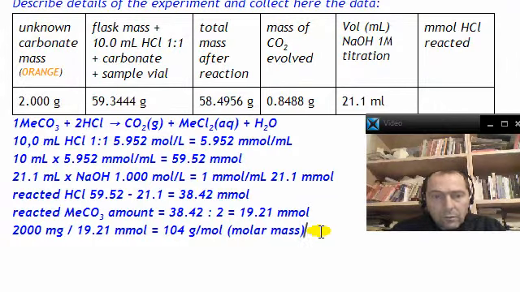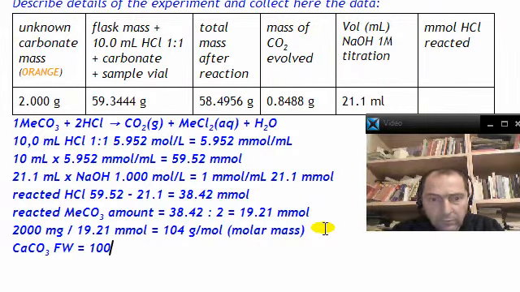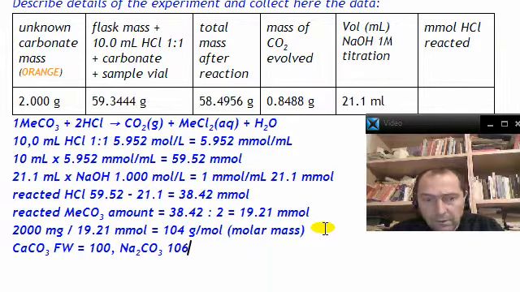Okay, we can see that this data is close to the molar mass of calcium carbonate. The formula weight is around 100, while the molar mass of sodium carbonate is around 106.